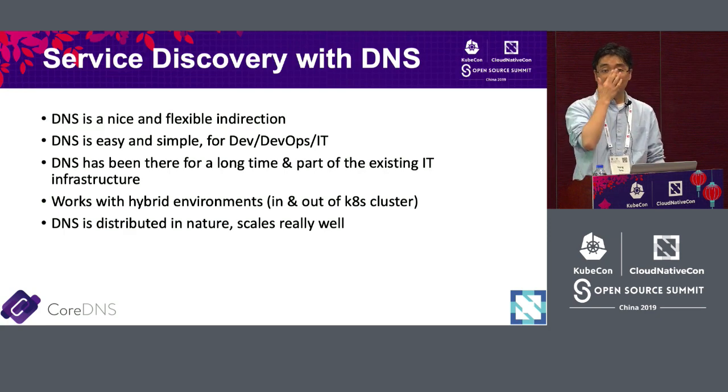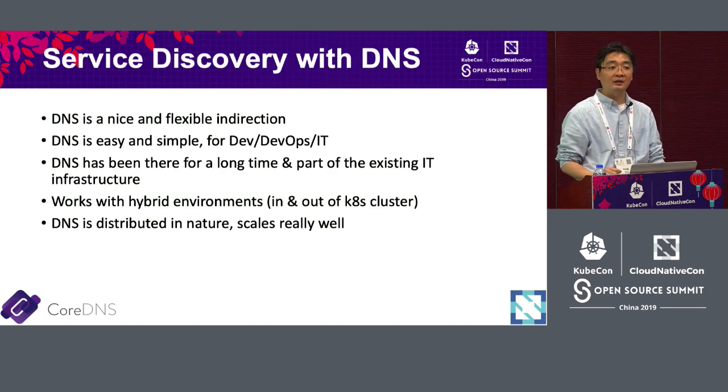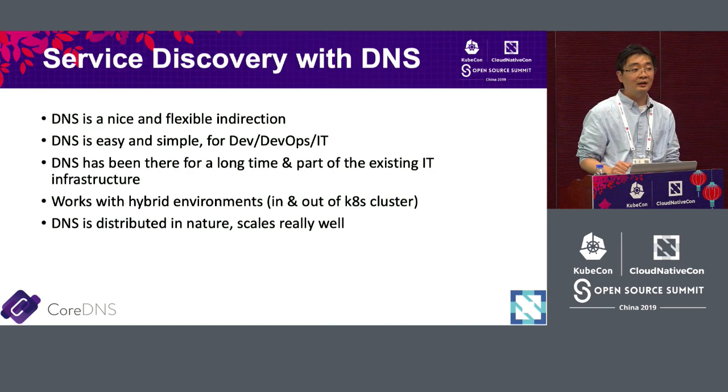If you have DNS as an indirection, you tell the customer to continue to use the same DNS name, and we'll do the backend change, so nothing will be impacted. That's the indirection you always want, because you never know what's going to happen in the next year or next 10 years, right? 10 years is probably too long, but even for next year, you could have lots of change for your service.